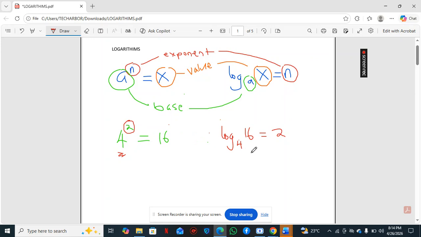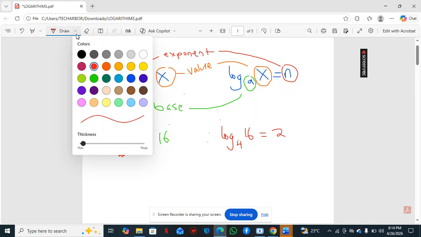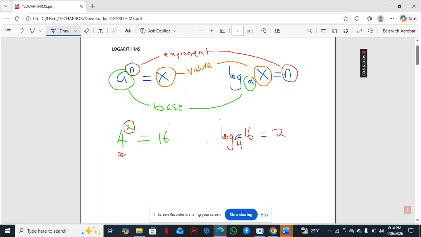So here we're saying if we multiply 4 by itself 2 times, we are going to get 16. So I'm going to show you first how we can convert indices to logarithms and also vice versa, logarithms to indices.